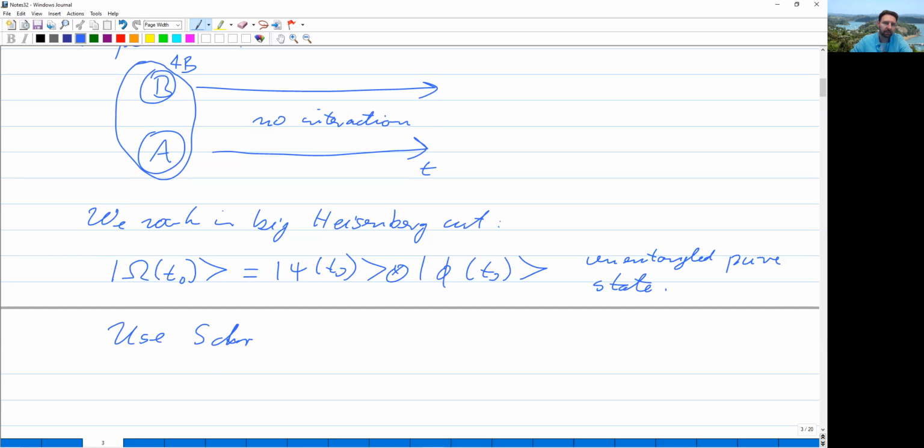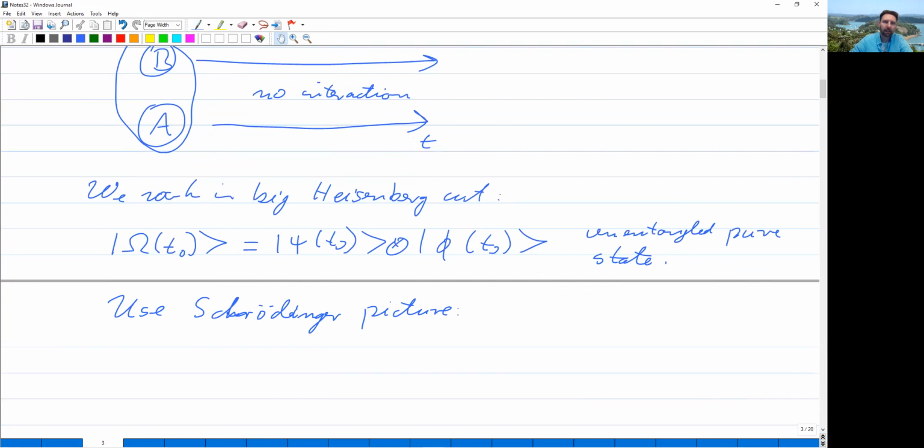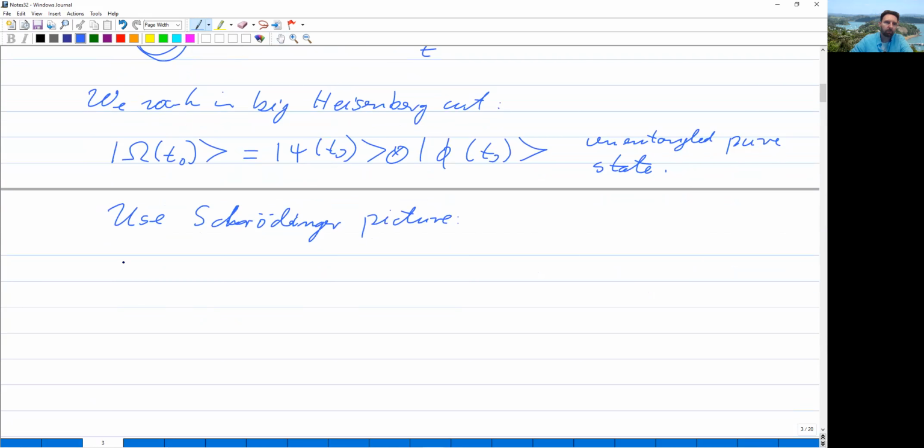Usually these studies are done in the Schrödinger picture. It's just much more convenient. In the Schrödinger picture, let's look at what the Hamiltonian is. Let's say the Hamiltonian, so I won't put a subscript S here for Schrödinger picture anymore.